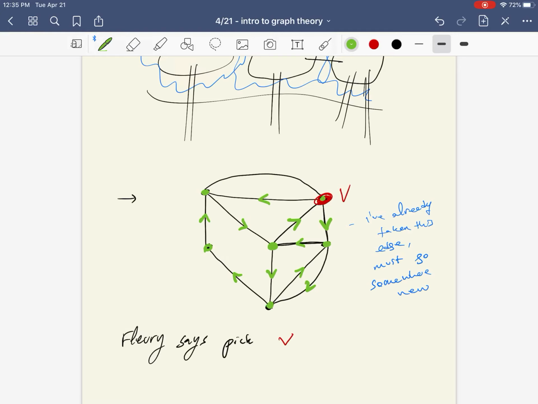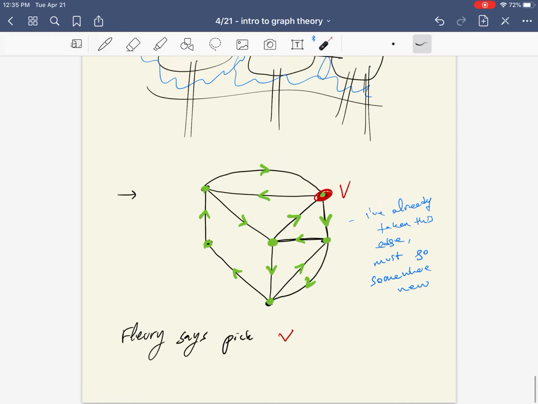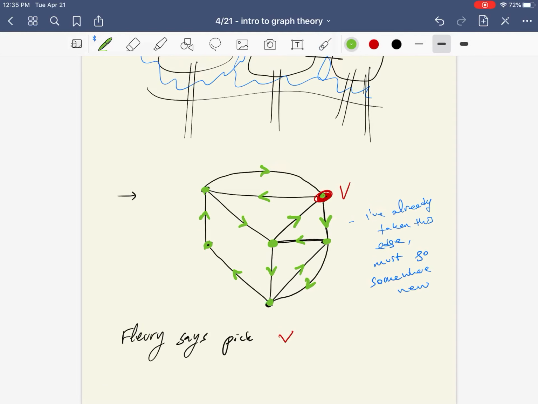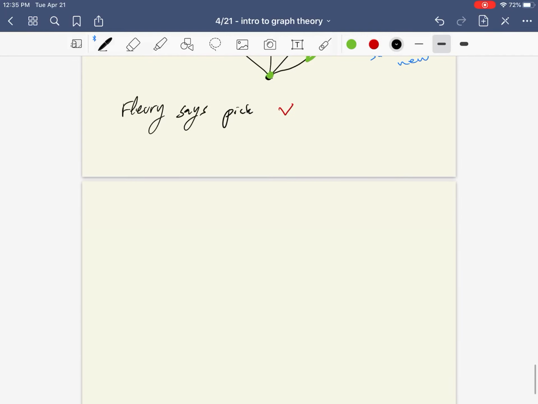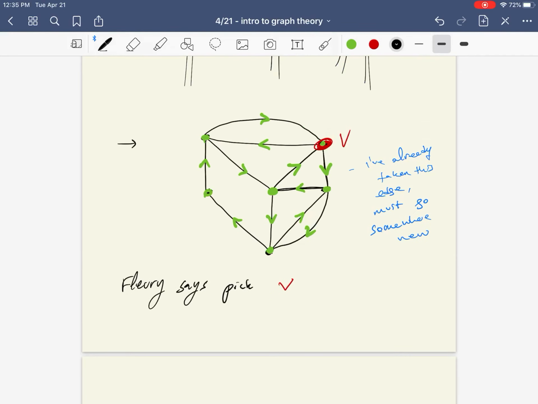Only one option from there, which is to go back to this one right there. And finally, we go back to V, we take this edge back along, and we end up back at the starting point. Good. So that's really the whole thing. And this always works, which is quite cool.